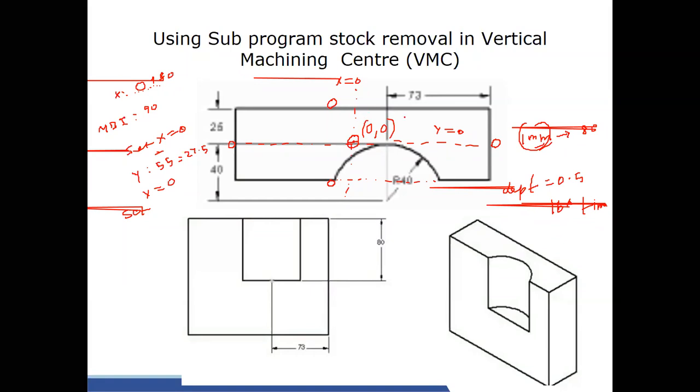This is what is user defined: I have defined for this particular job this point as the starting point or origin, exactly the middle of the job. Suppose the x value is 0 and the y value is 0, the corresponding machine coordinate value may be 252.3.